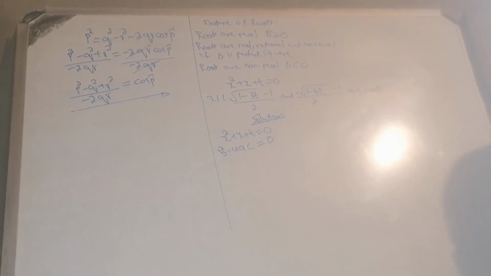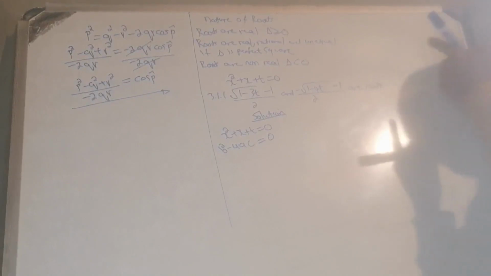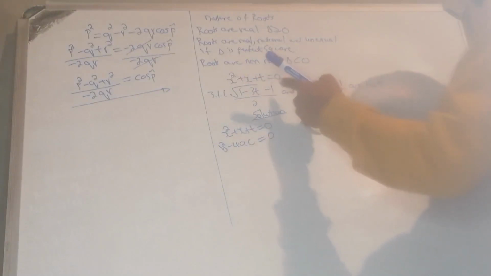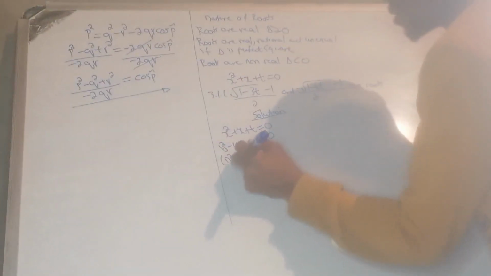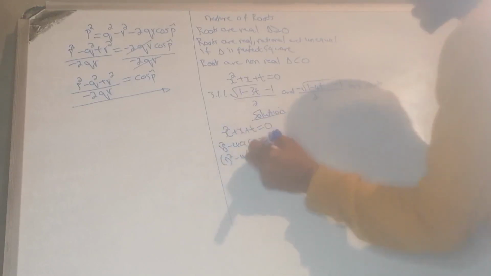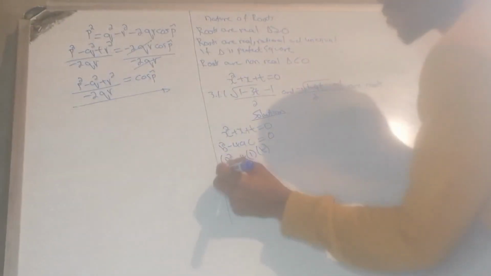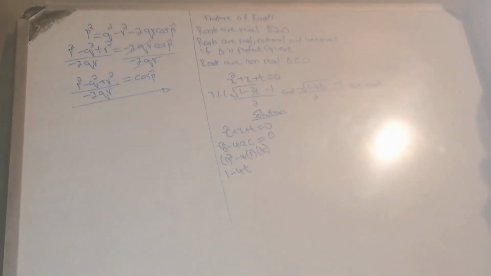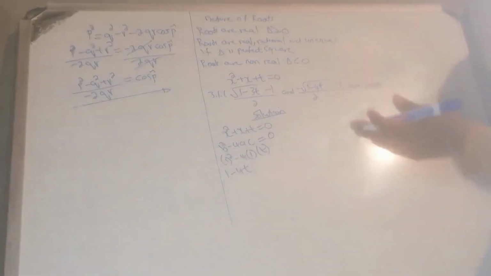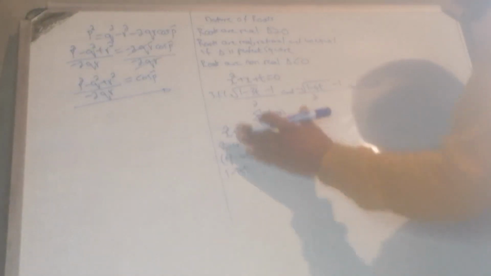So we must show that these are the roots of this. I have the value of b, which is 1, the value of a, which is 1, and the value of c, which is t. This will give me 1 minus 4t. But in this way, it doesn't work.